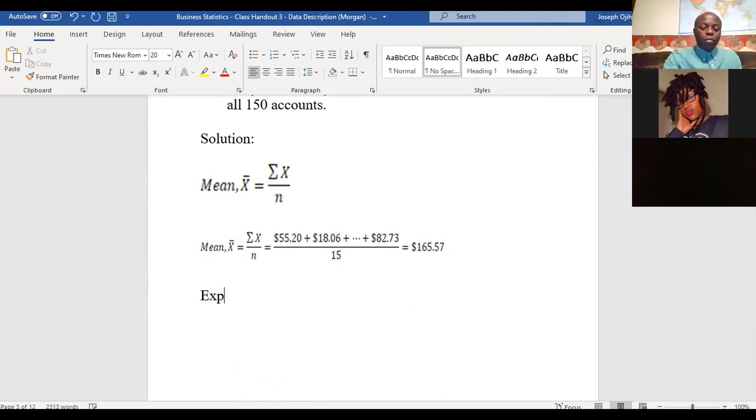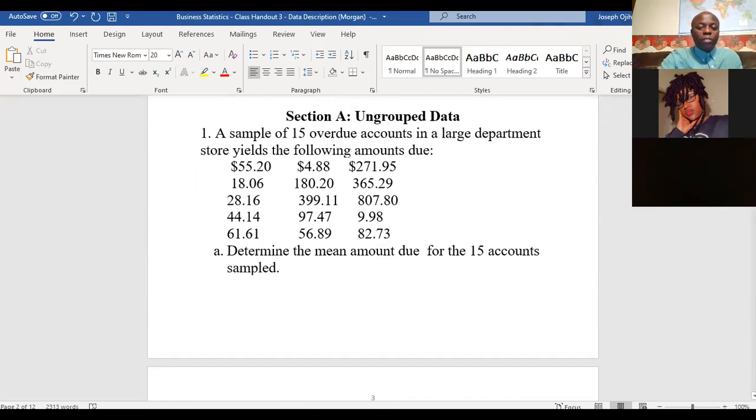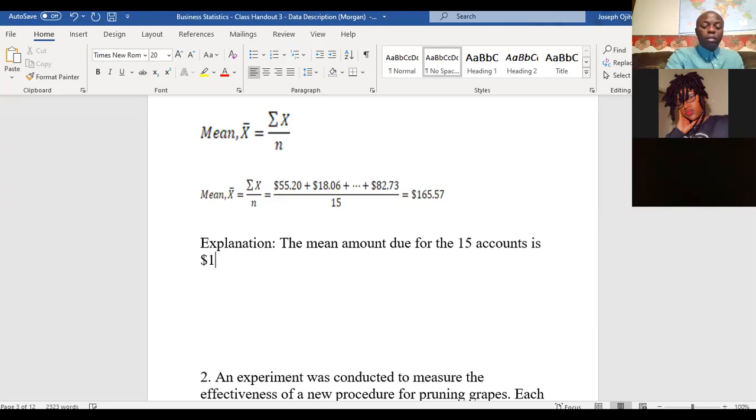Explanation: the mean amount, or average amount, due for the 15 accounts is $165.57.